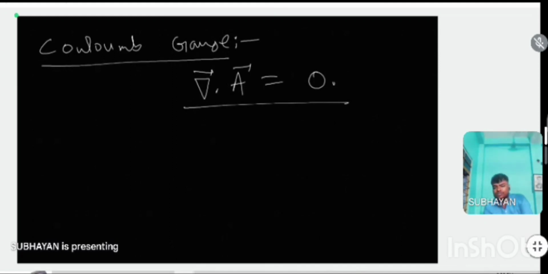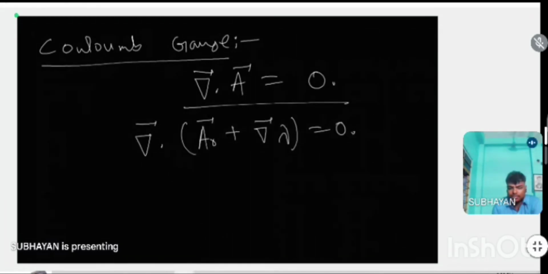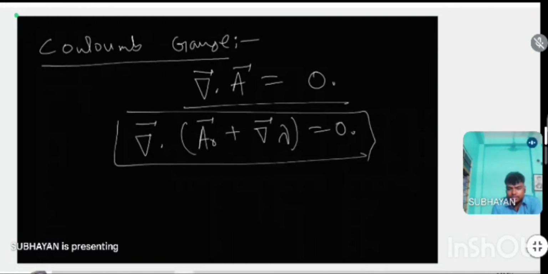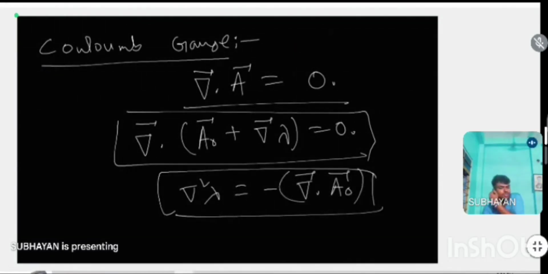That means divergence of A will be zero. So here you have divergence of A naught plus grad lambda. This is to be zero, and grad square lambda is equal to minus divergence of A naught. After solving this equation, you can find the lambda. And if you put this lambda, then you will find the Coulomb gauge solution.